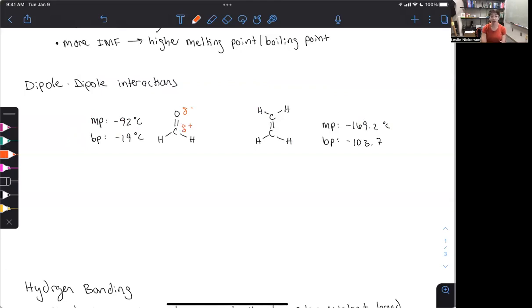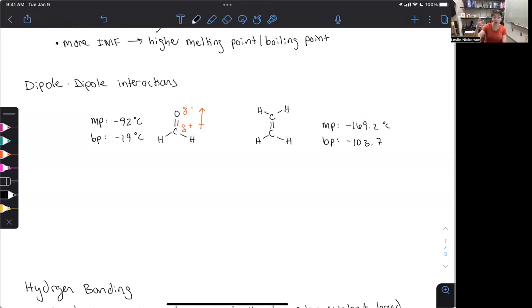I'm going to use the same delta plus, delta minus notation that we used in our induction video. If you can see induction, you can generally see dipoles, because this is our dipole. We draw them as arrows pointing towards electronegativity. In this case, the oxygen is gathering up most of the electron density and stealing it away from the carbon, so it's an uneven share of electron density between the oxygen and the carbon.